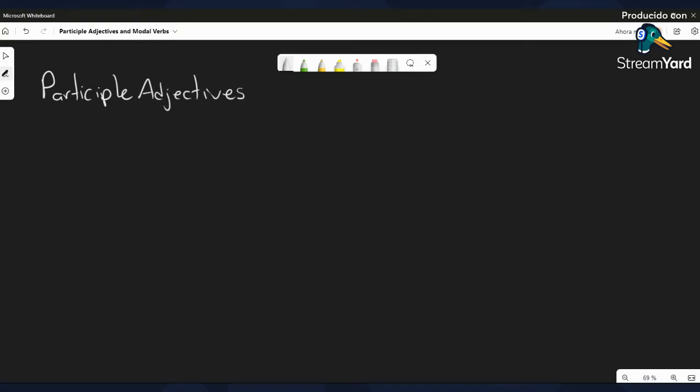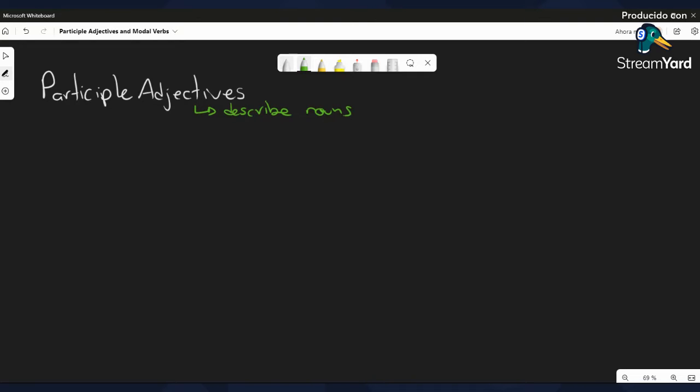Yes. What are these? Participle adjectives. Basically, they are words, or endings, that can help us use them as a description of something. Remember that an adjective is used to describe something, or to describe nouns. So participle adjectives are participle verbs that can be used to describe nouns.